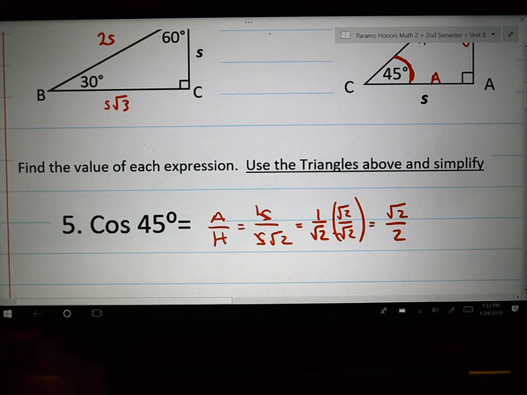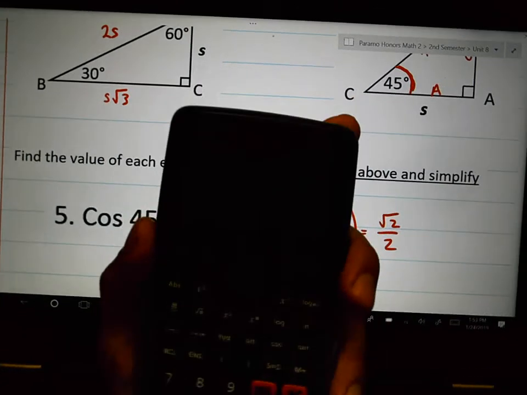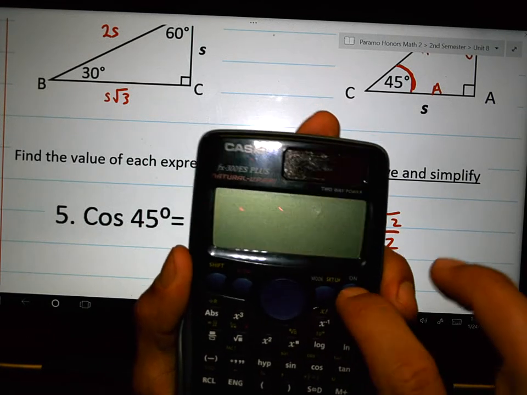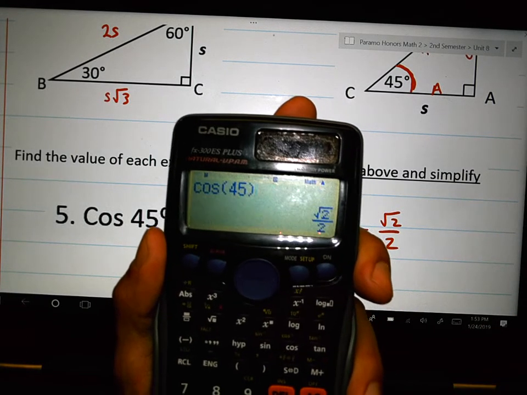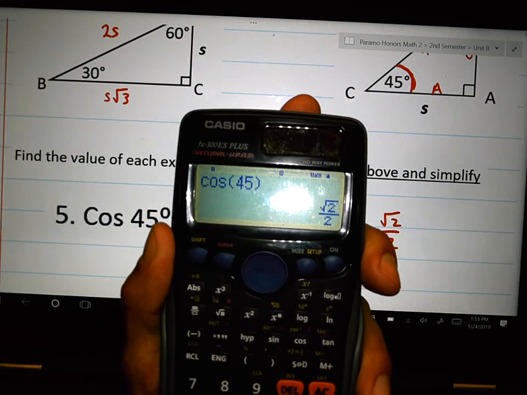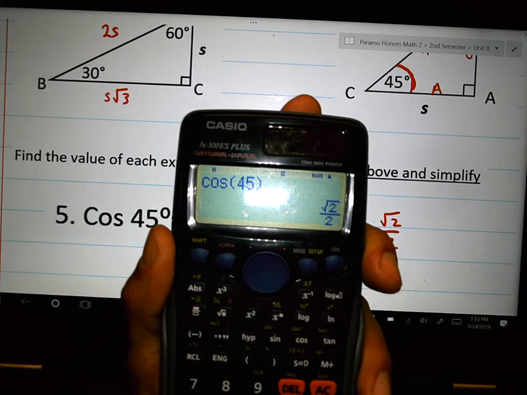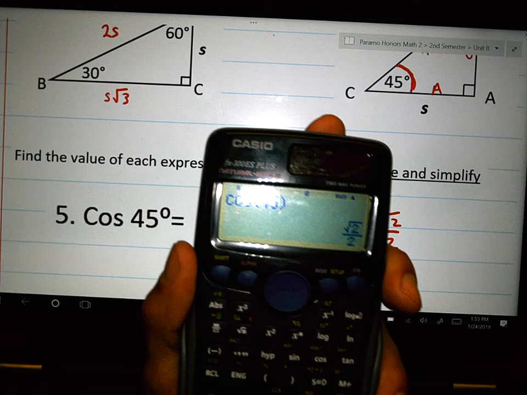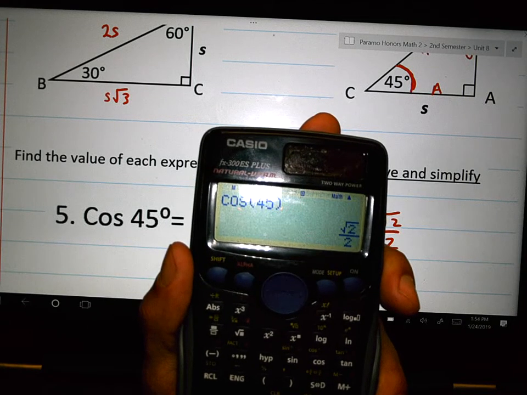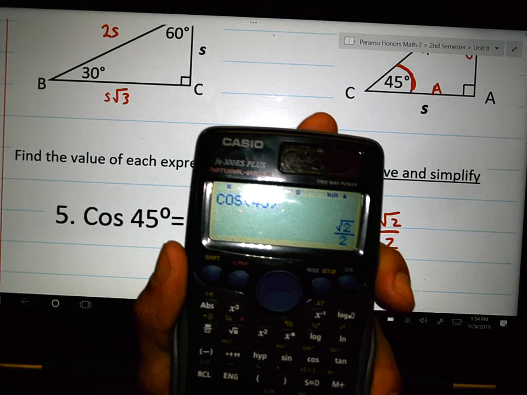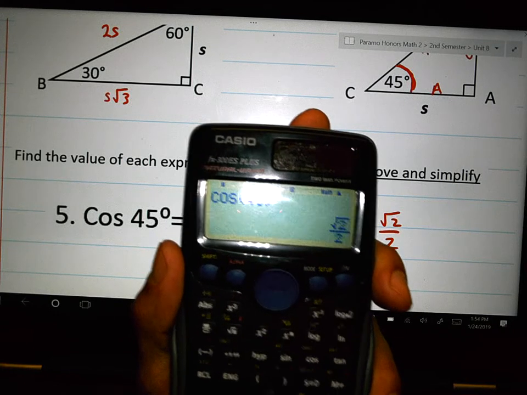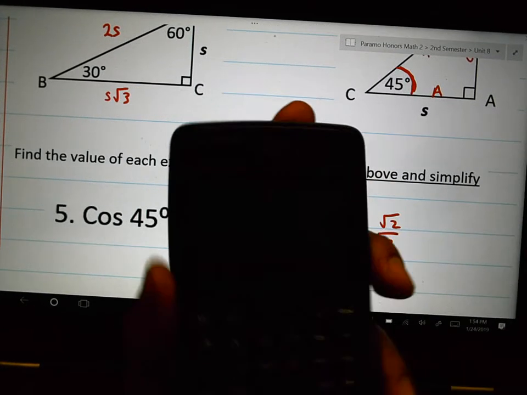Now the crazy thing about that is, if you had one of the Casio calculators and you were to type in cosine of 45 degrees, your calculator would tell you it's root 2 over 2 because it always reduces to the same ratios. They are similar triangles. They are all proportional and they all have this proportion to them, no matter what happens.